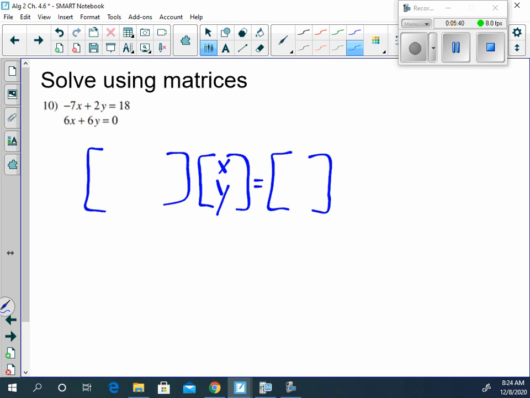Now the numbers that go in front here are our coefficients, so we would have 2, 6. Now one of the things I would make sure to look out for is to make sure all the x's, all the y's, everything lines up. Just like we did before, we need to make sure everything lines up, x, y, z. Now over here is going to be what it's equal to, so the top one was 18 and 0.